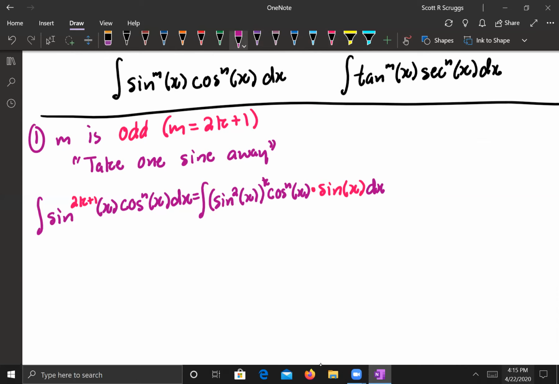Now the reason why I wrote sine to the 2k power as sine squared, all of that raised to the kth power, is because I want to rewrite this, using my trig identity, as 1 minus cosine squared of x raised to the kth power times cosine to the nth power times sine of x times dx.